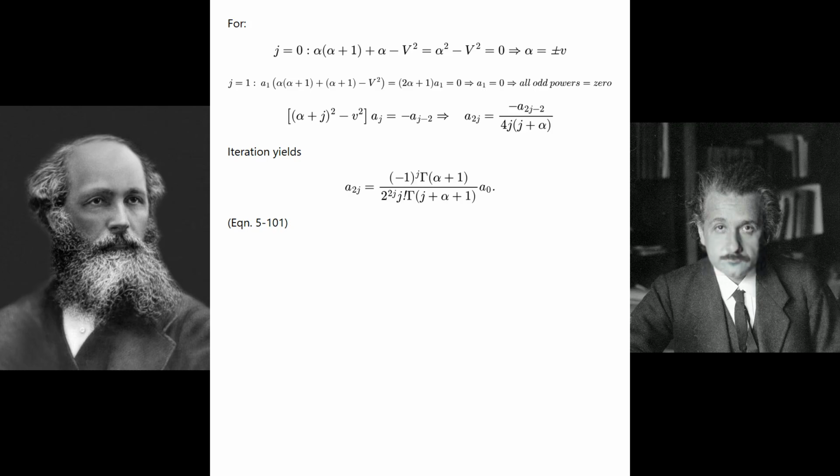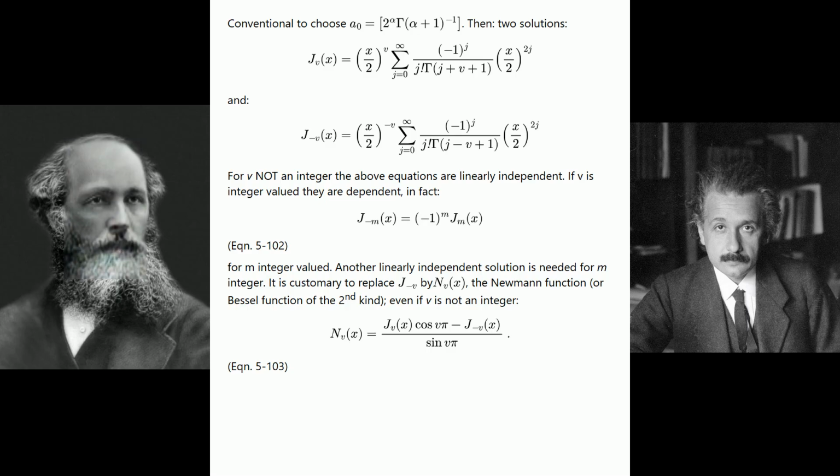Iteration yields equation 5-101. It is conventional to choose a_0 equals the bracket 2 to the alpha power times gamma of alpha plus 1 to the negative 1 power. Then, two solutions. See the equation shown. And see the equation. For nu not an integer, the above solutions are linearly independent.